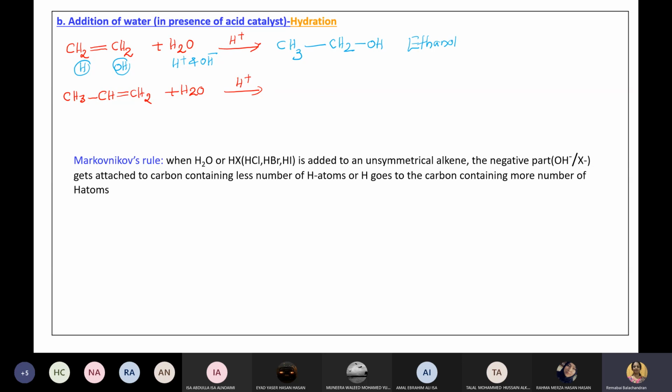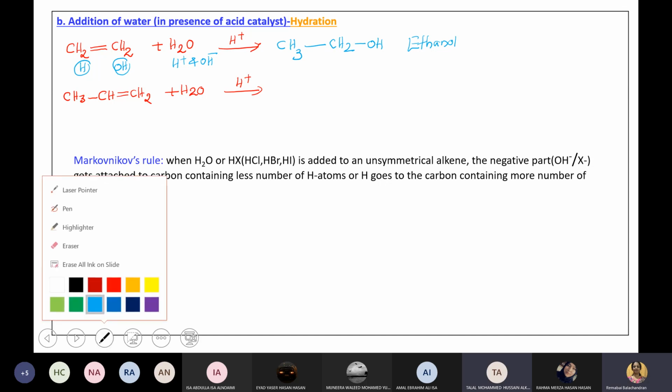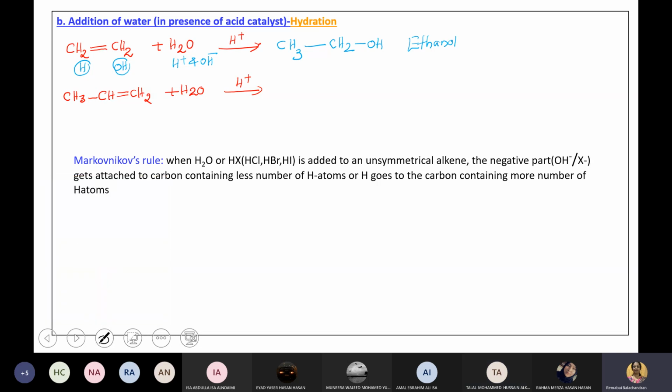This one, can you tell me the product? We will have 2 products. Ah, good. What are the 2 products? Let me write this first. Tell me about the products.